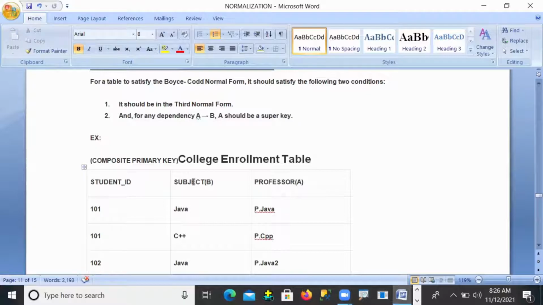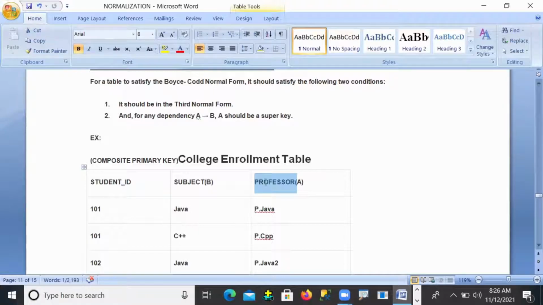Now student ID and subject ID are the two primary key columns. That's called a composite primary key. Now professor is a non-primary key column. Non-primary key column means it is a non-super key.